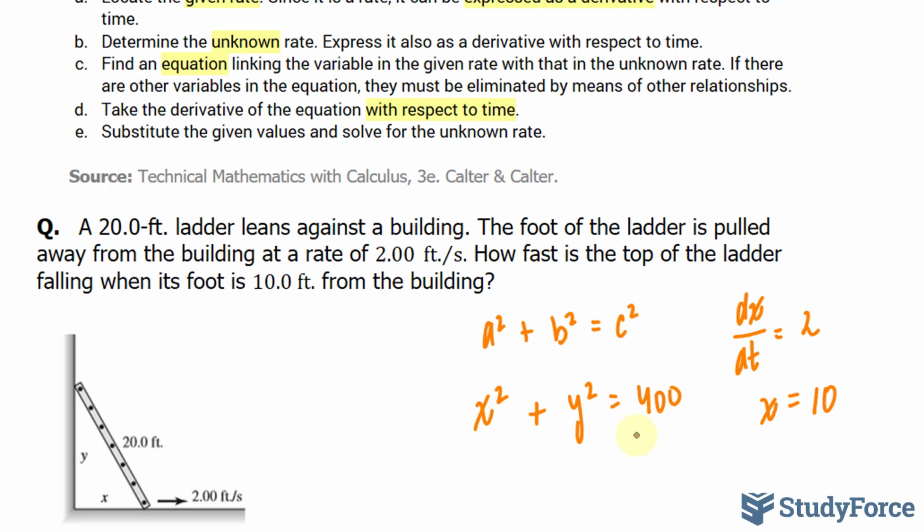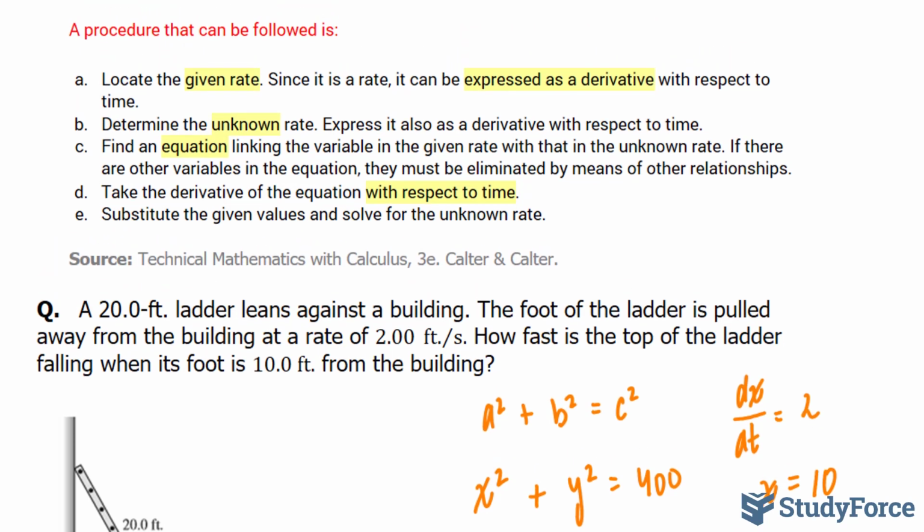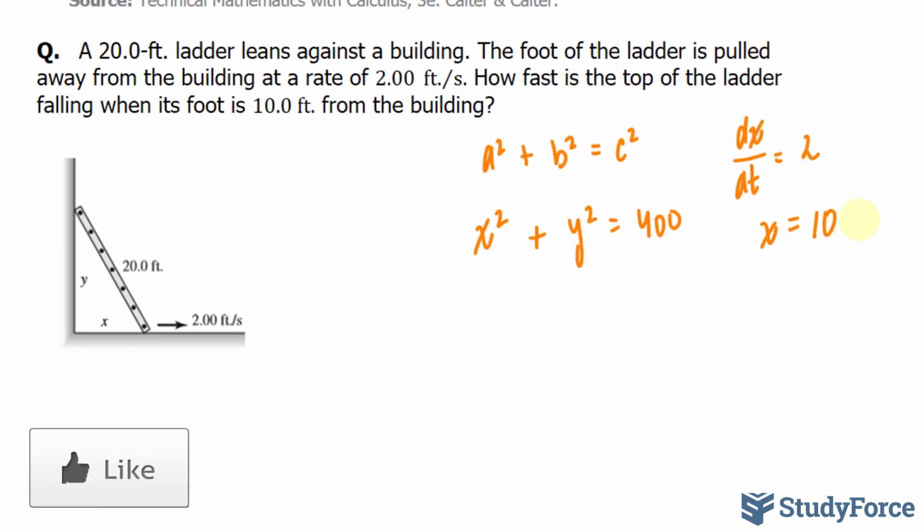And then what I can do, according to the procedures above, is take the derivative of the equation with respect to time. Only then can I substitute my given information into the derivative. So by deriving implicitly, it will enable me to find the speed or the rate of change of dy with respect to time. Okay, let's go ahead and do that.